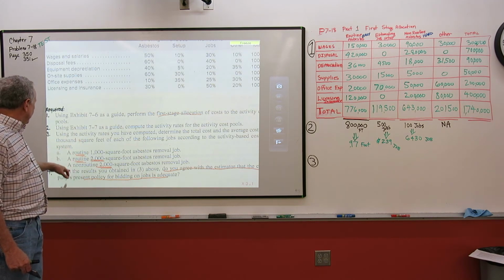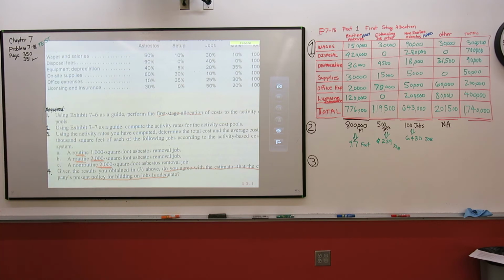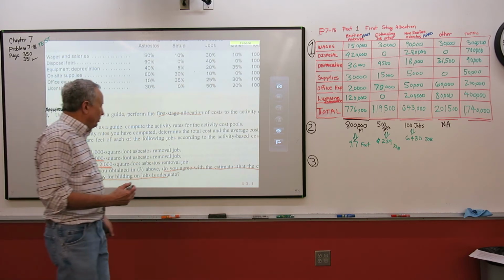So they want us to cost both the total cost on each of these jobs and the per foot cost.